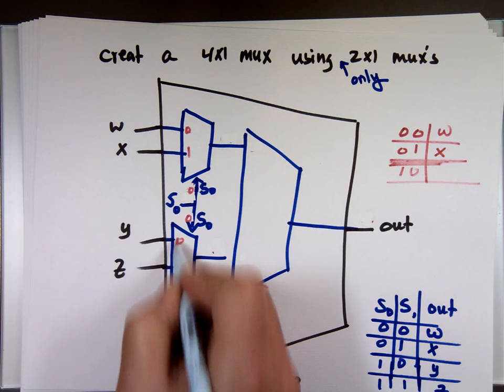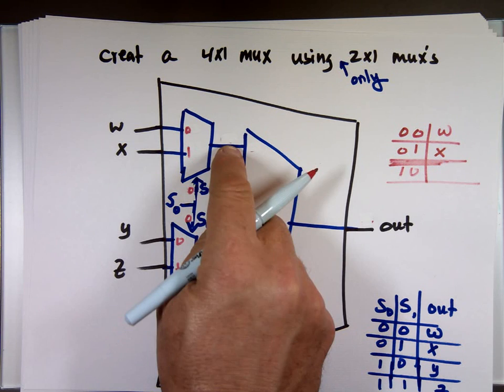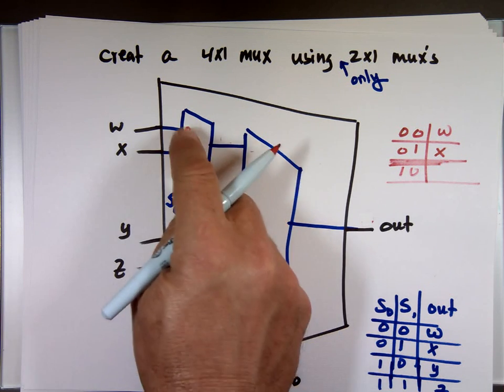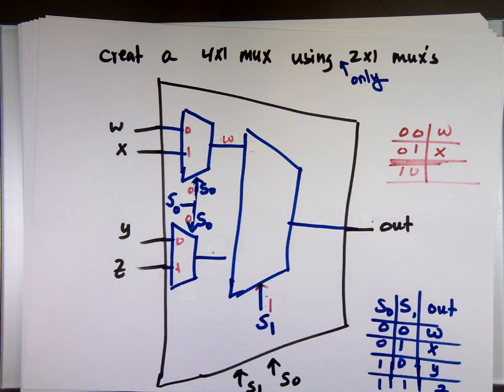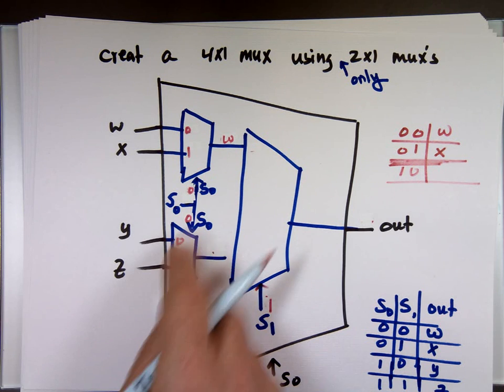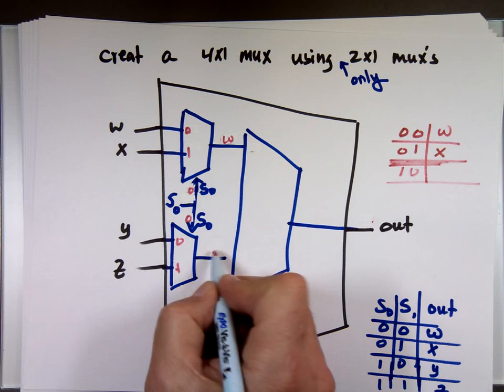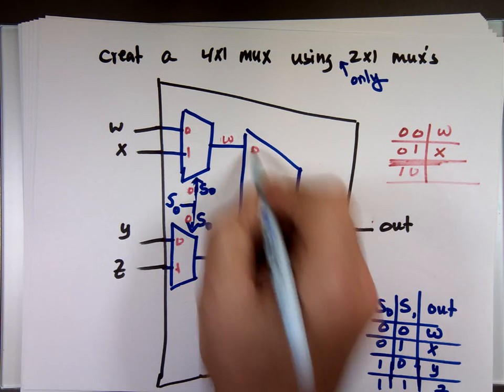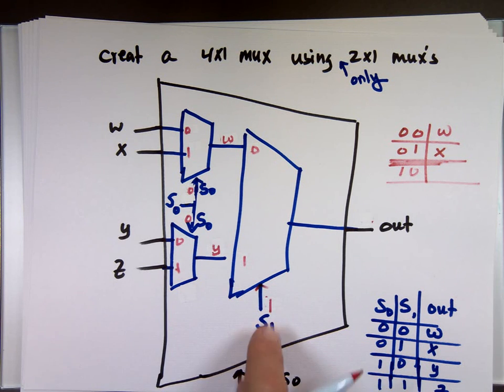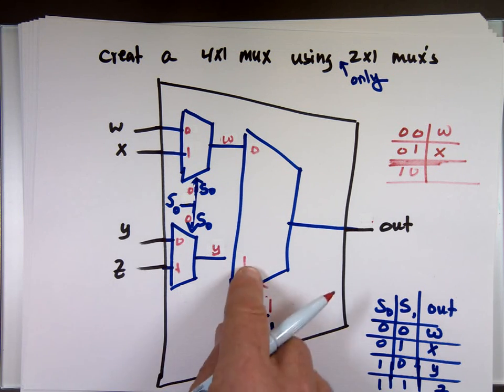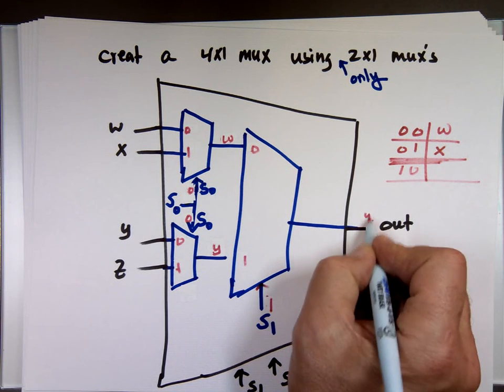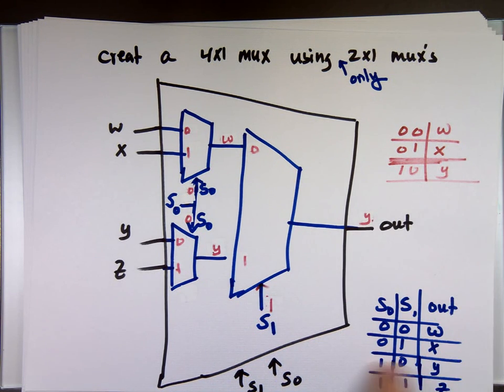It says the output of this, whatever attached to pin 0, and that's W. The output of this, whatever attached to pin 0, and that's what? Y. Now this is 1. Your output is whatever attached to pin 1, which is what? Y. Is it supposed to be 1, 0, Y? Yep.